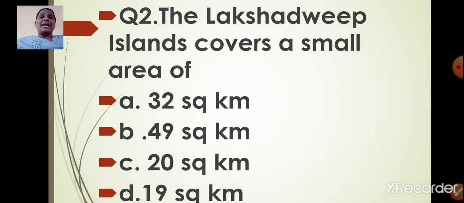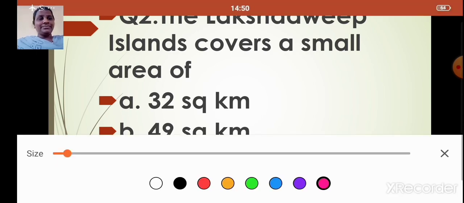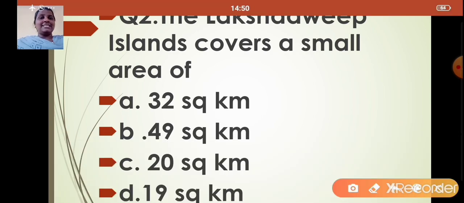The Lakshadweep Islands cover a small area of option A 32 square kilometer, option B 49 square kilometer, option C 20 square kilometer, option D 19 square kilometer. And the correct answer is 32 square kilometer.